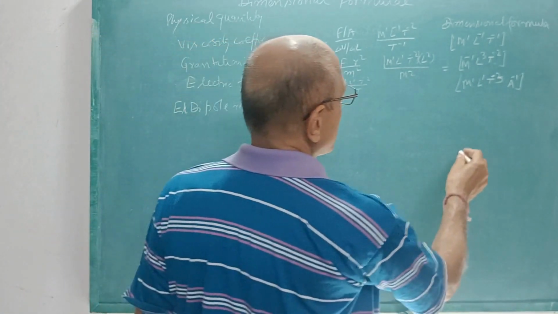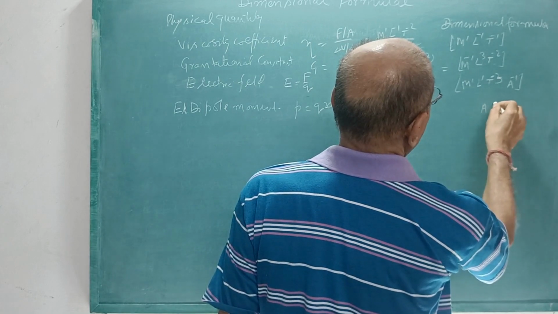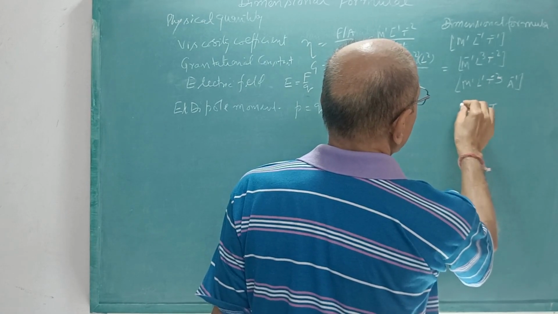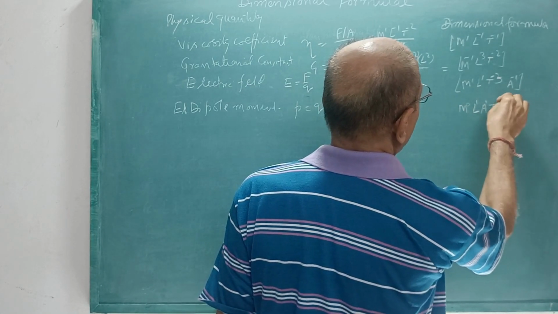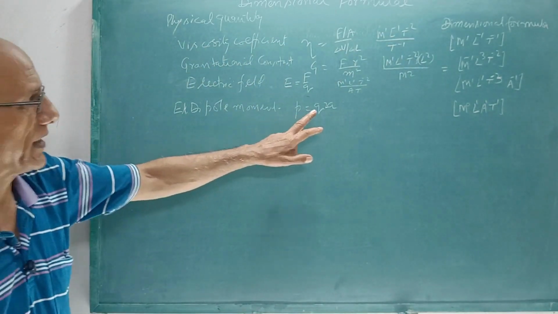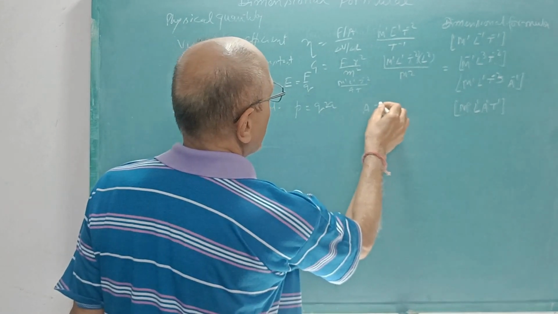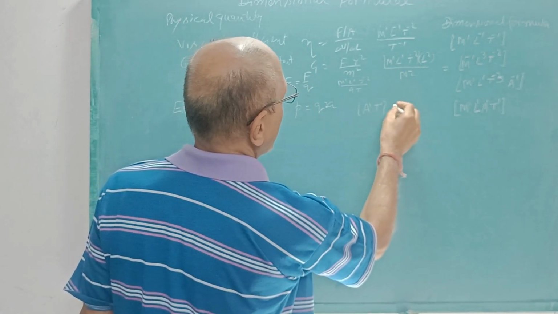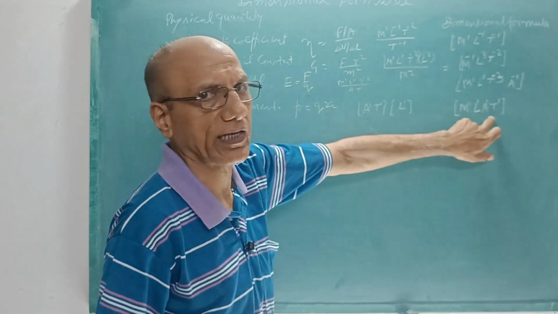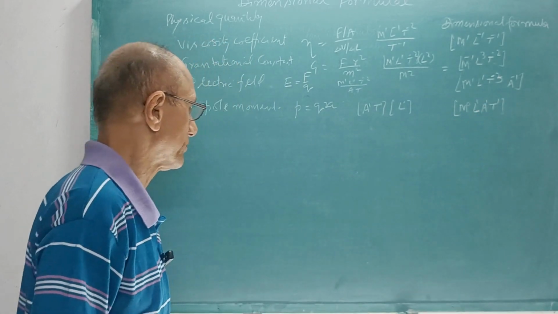Charge is A and T and distance will be L. So this is M0, L1, A1, T1. This is A and T and distance is L. So here you can have M0, L1, A1, T1.